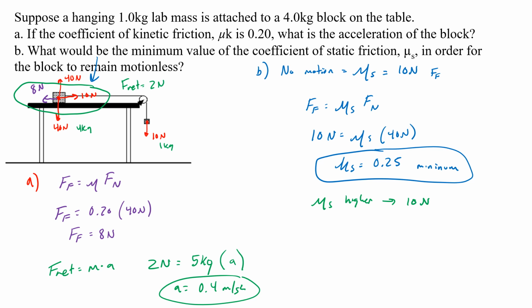You can't have 12 newtons of friction to the left if there's only 10 newtons of force to the right. So even with a higher coefficient of friction than 0.25, we can't get more, because then that would give us an F net in the opposite direction, and that doesn't make sense based on our definition of friction. So that's where we say it's 0.25 minimum. Anything else would also work, but the force of friction would stay 10.